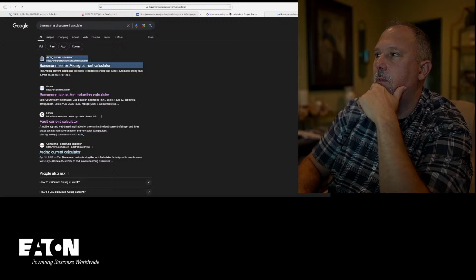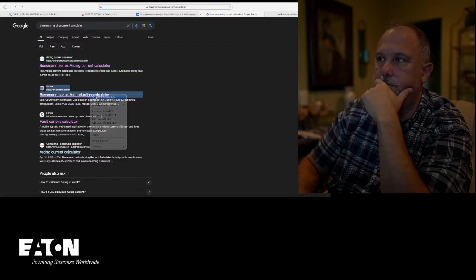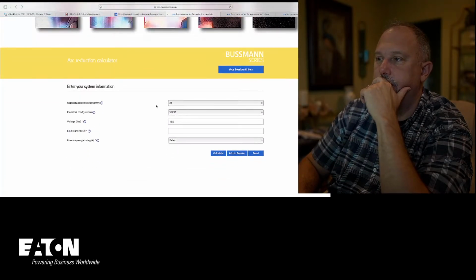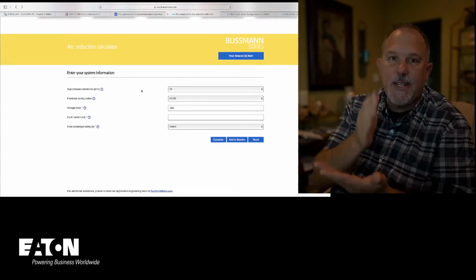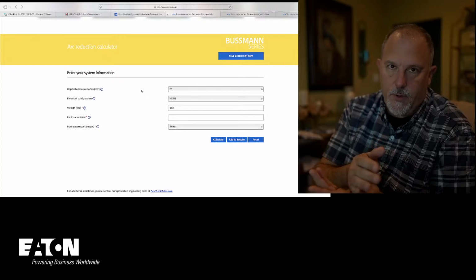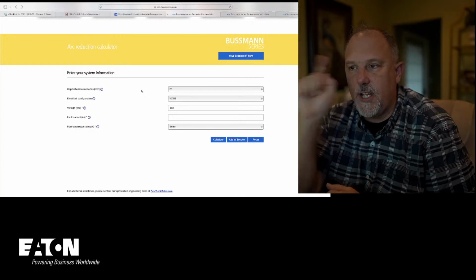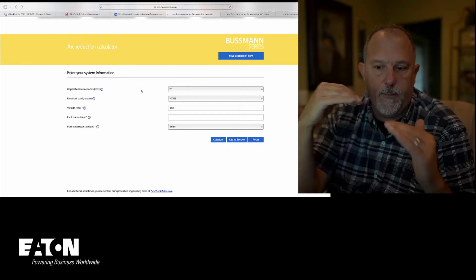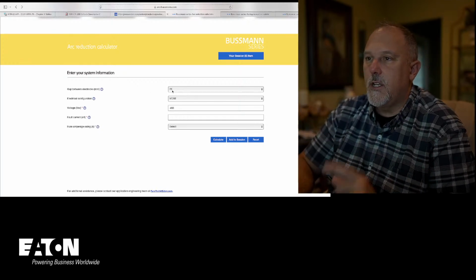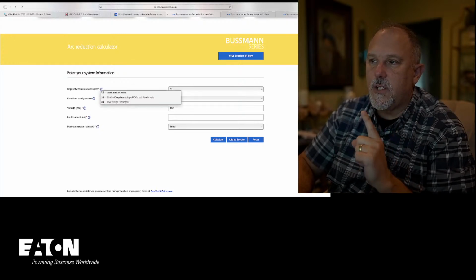That's not the right one. Here it is. Okay, perfect. Now, this is going to calculate our arcing currents for us, maximum and minimum. I'm going to generate it here, and then I'm going to use a spreadsheet of mine, and we're going to compare the numbers.